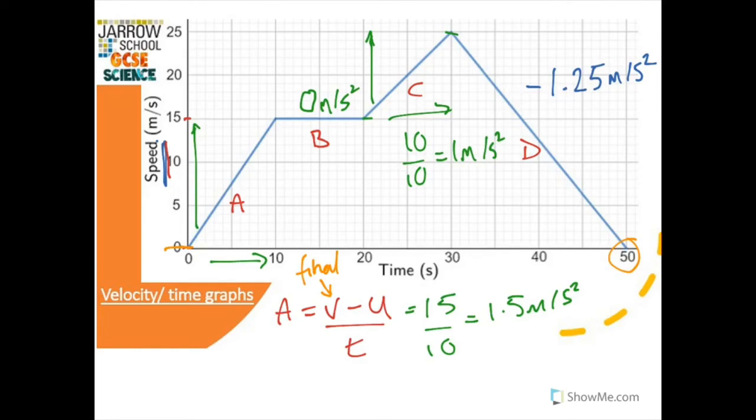It started out at 25 meters per second, so the starting speed, U, is 25. 0 take away 25, divided by the time it took, 20 seconds, is actually negative 1.25 meters per second squared. So a deceleration, if something is slowing down, it'll have a negative number if you calculate it on a velocity time graph or by using the equation a equals v minus u divided by t.